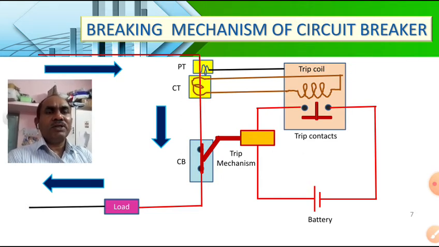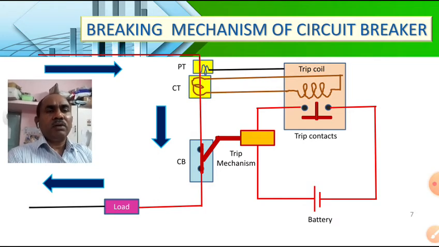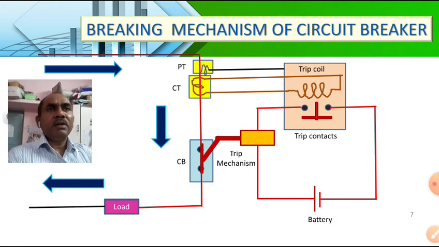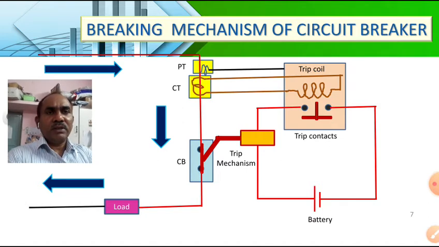Under normal condition, you can see once again at a glance, I am going to explain this relay and circuit breaker combination, how we protect our system from fault conditions, any unwanted problems that occur in the system.